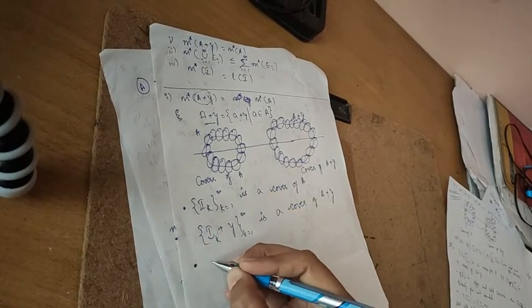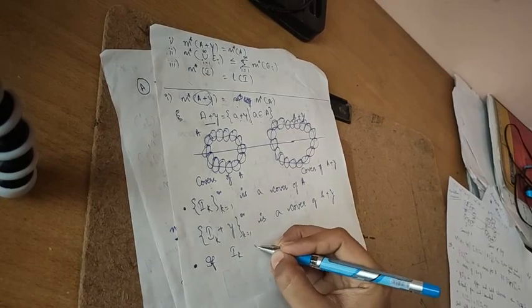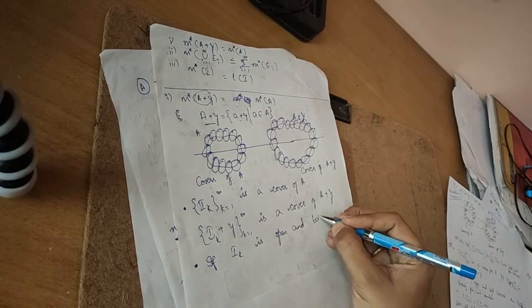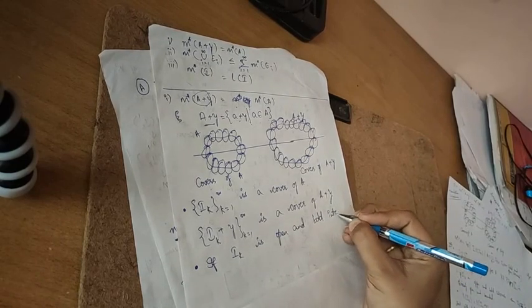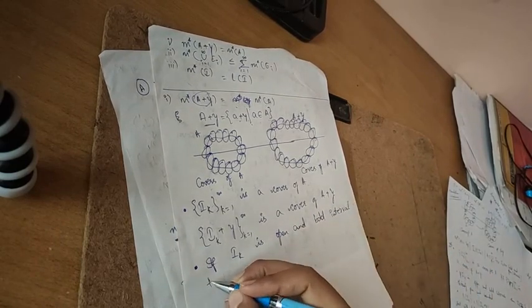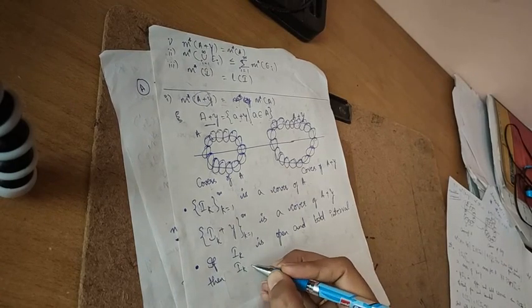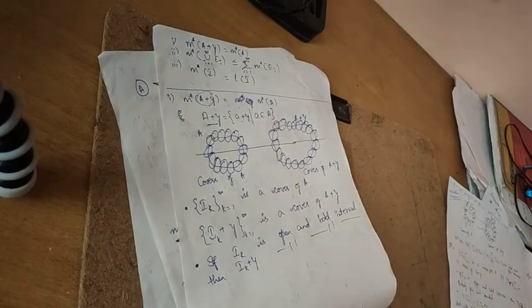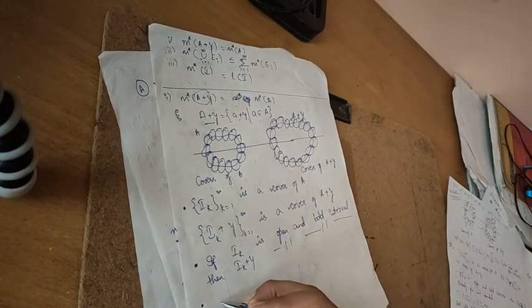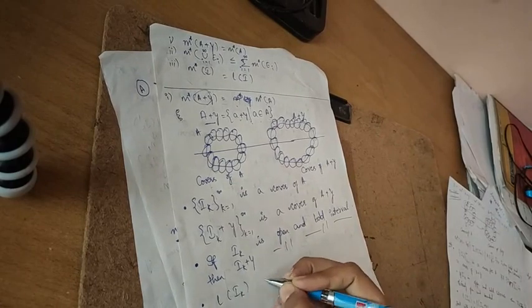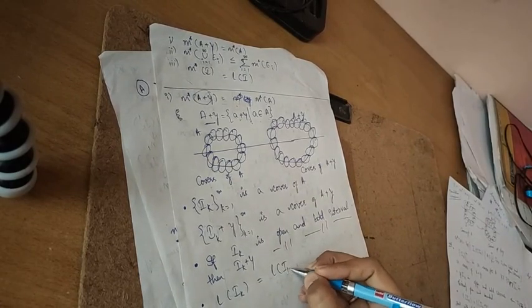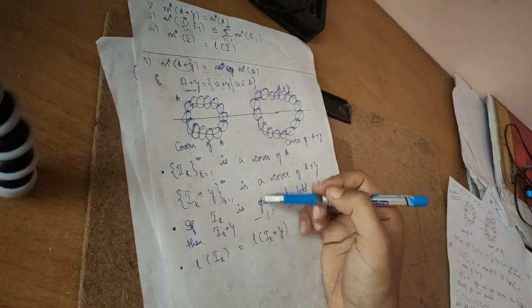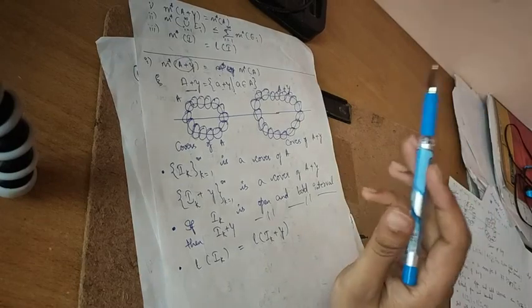And the second point is if Ik is an open and bounded interval, then Ik plus y is also an open and bounded interval. One more point is L of Ik is equal to L of Ik plus y. Using these 3 points we will prove this property.